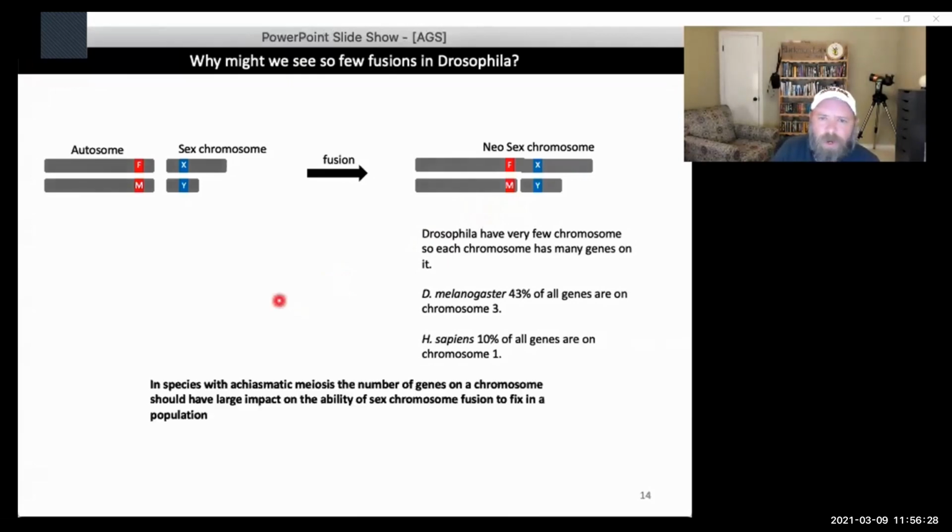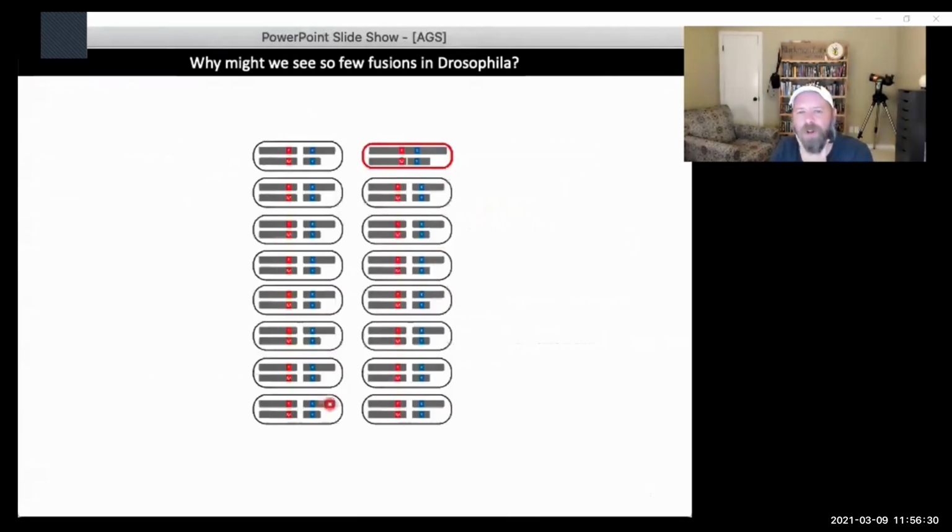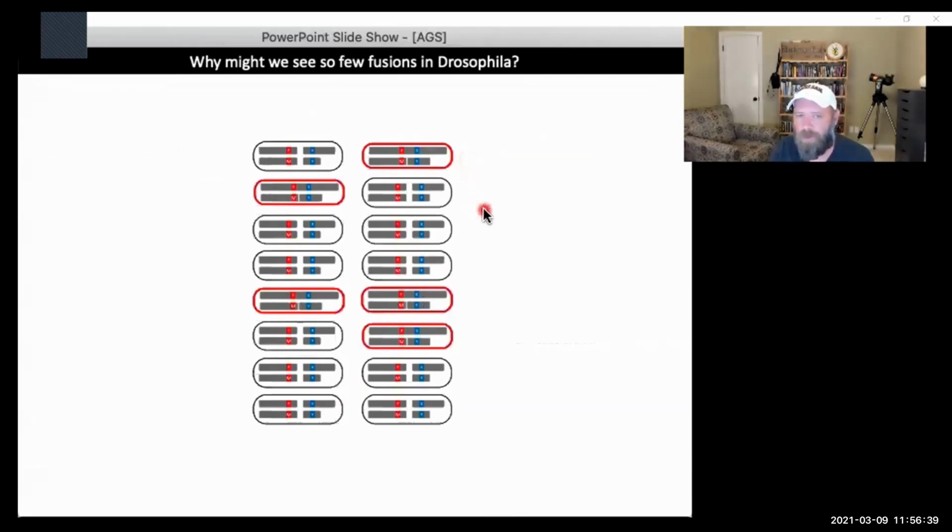And so what I think is going on here, you can imagine starting out with a population where you have this initial fusion that occurs, and it should be more fit due to the presence of sexual antagonism. And so we would expect it to increase in frequency. But this takes time, many generations to increase in frequency. And every generation that goes by, there are also deleterious mutations that are coming into the population. And so I'm showing that with these yellow dots.